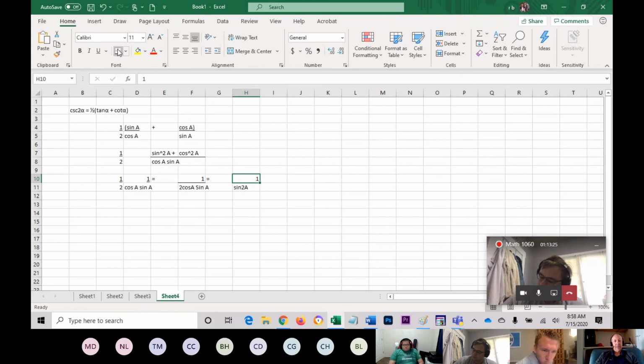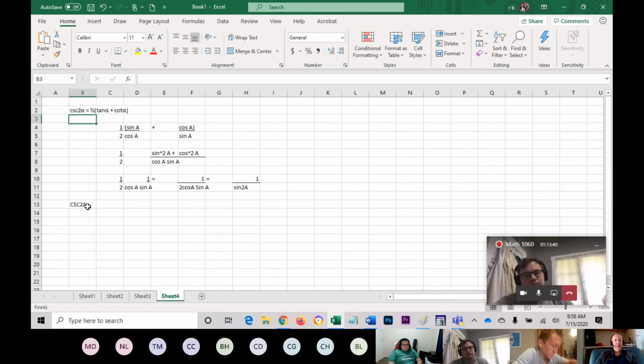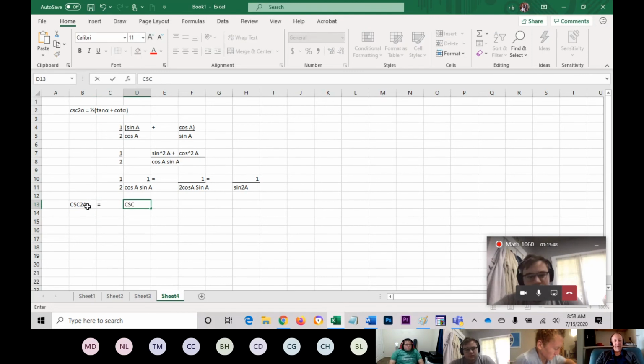Okay. What's 1 over the sine? Cosecant. It is the cosecant of 2 alpha. So we just proved or verified that identity. Cosecant of 2 alpha equals the cosecant of 2 alpha.